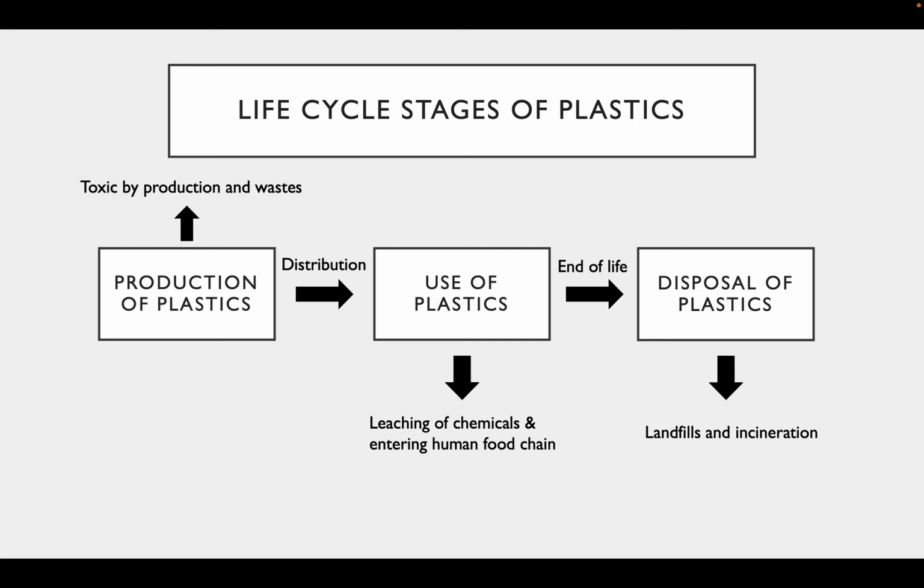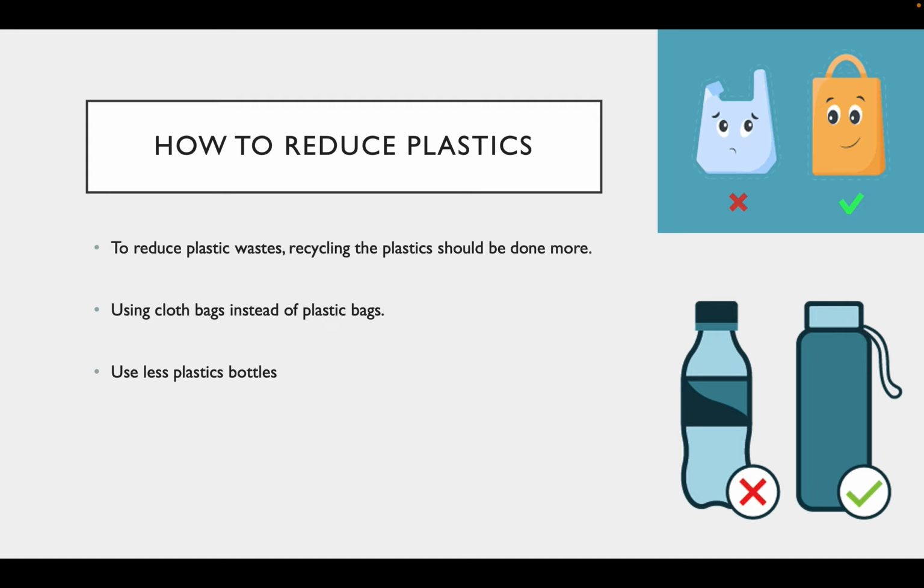In the last stage of disposal, plastics are disposed of either by burning or dumping them. By burning, air pollution occurs, and dumping on land and in water causes landfills, water pollution, and the death of many animals.